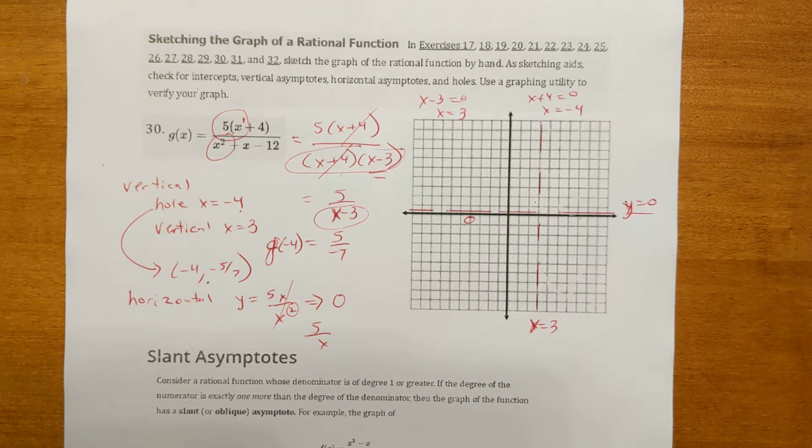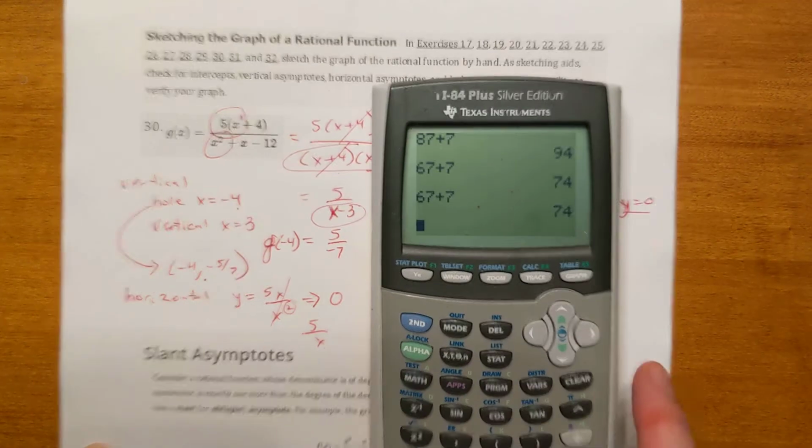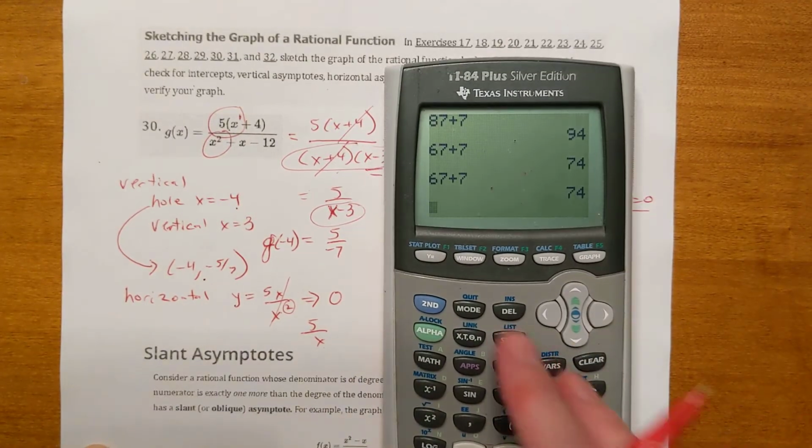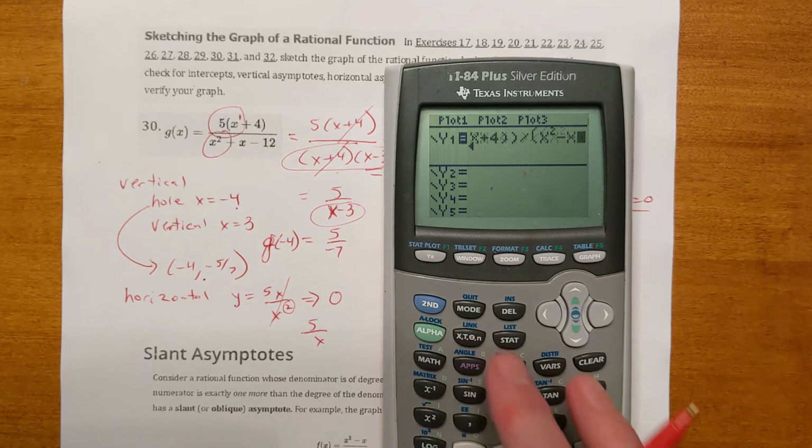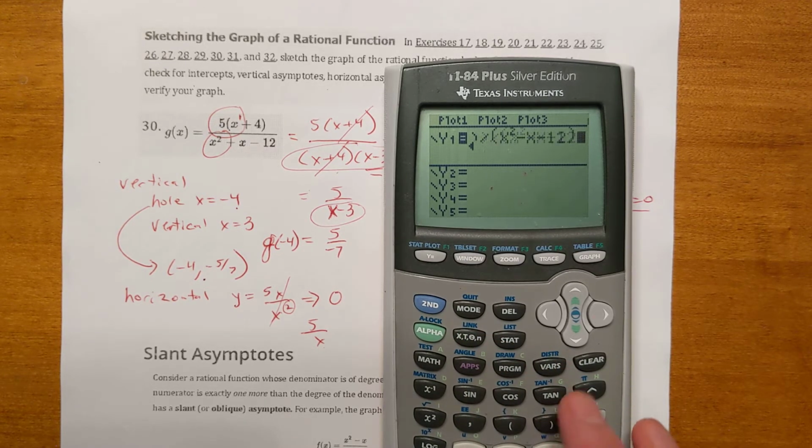All right, so at this point, let's just put it in the calculator. So on the top, I'm going to do a parenthesis around the whole top. So I had 5 and then parenthesis x plus 4. Close the parentheses up and then divided by parenthesis x squared minus x minus 12.